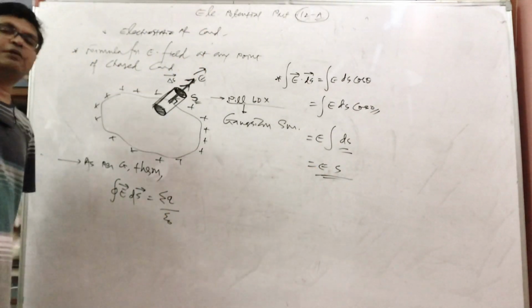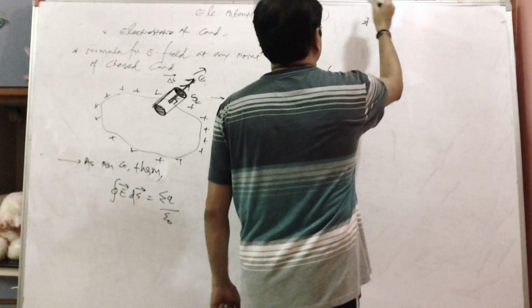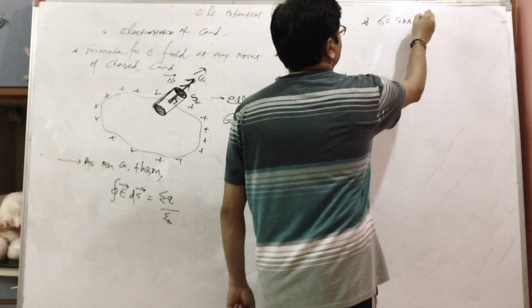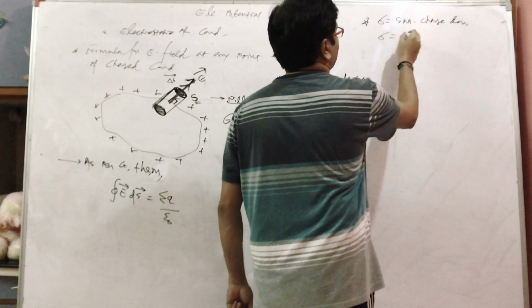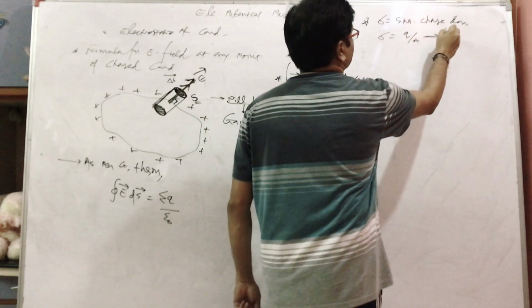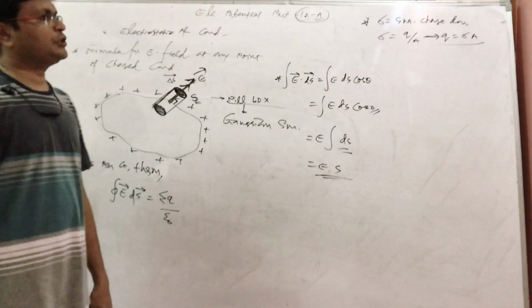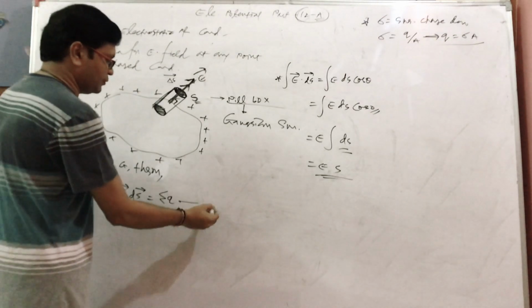Now sigma q. How can you find sigma q? Sigma q, that means surface charge density का concept. You know that suppose sigma is the surface charge density. So what's the formula of sigma? Sigma is equal to charge upon area. So it implies that charge is equal to sigma A. You can see that Q is equal to sigma A. Use this value here in this equation number 1.